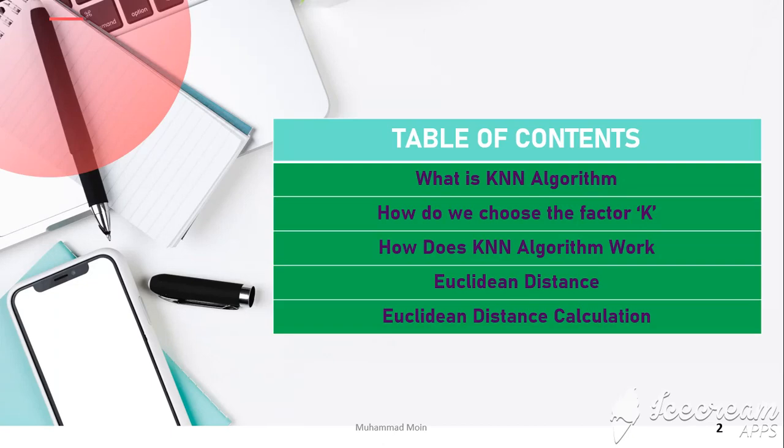In the third part, I will be discussing how the KNN algorithm works. In the fourth part, I will be discussing the Euclidean distance and how it relates to the KNN algorithm. And in the fifth part, I will be calculating the Euclidean distance for the given example we are going to see in this tutorial.